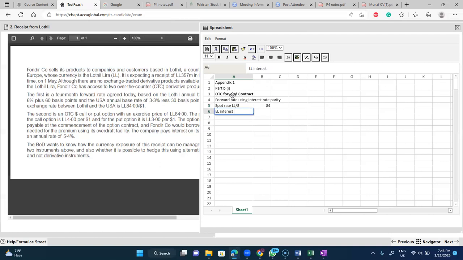Lothal interest rate is 6% plus 60 basis points. Dollar interest rate 3.3% minus 0.3.